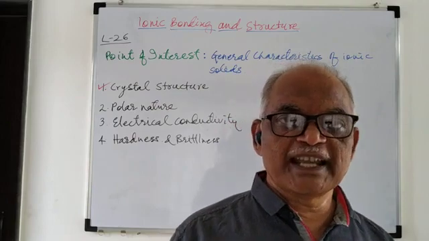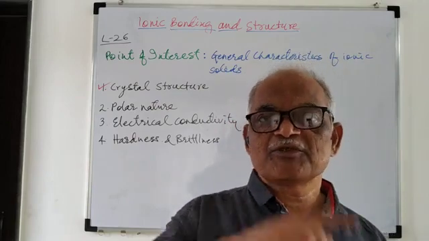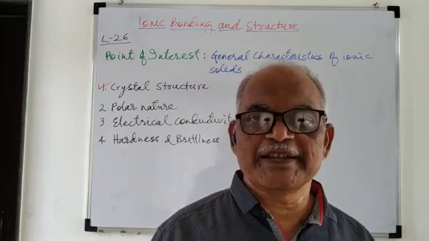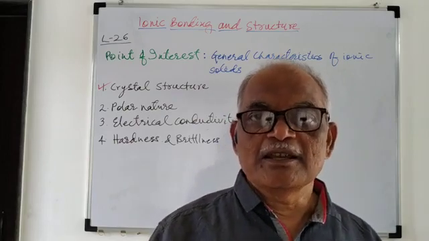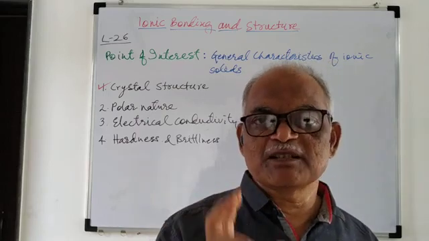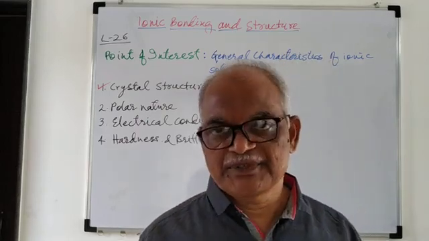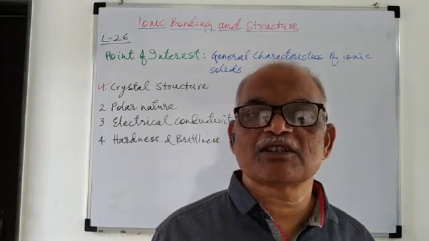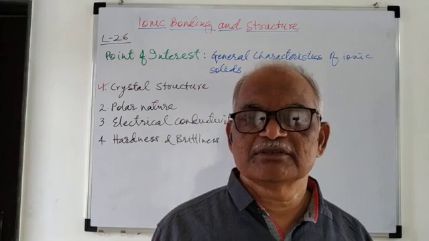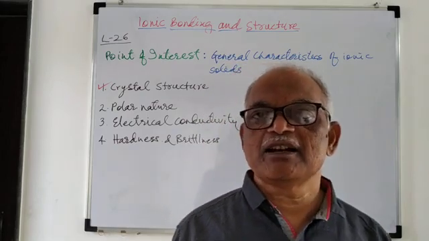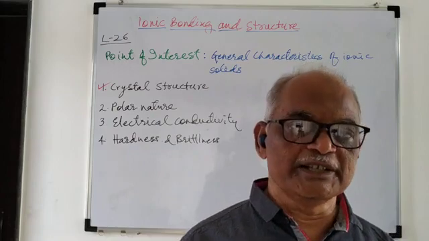If we take a cation, it is surrounded by a specific number of anions. If we consider an anion, it is surrounded by a specific number of cations. So this gives us the crystal structure or lattice pattern of the arrangement of cations and anions in the solid.